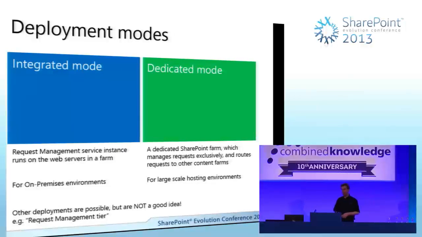Now, it is possible to mix these up and have the idea of a hybrid deployment, which is having a separate tier which hosts the request management and distributed cache. Anybody at the SharePoint conference may have seen some diagrams where there are now 4 tiers and a low latency tier at the top, in between the users and the web servers. Now, that idea will go away.